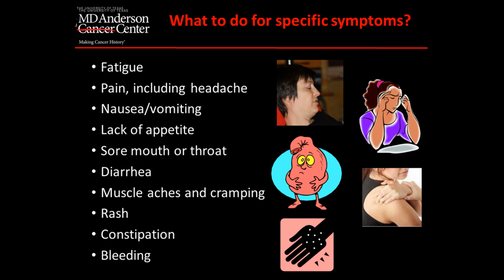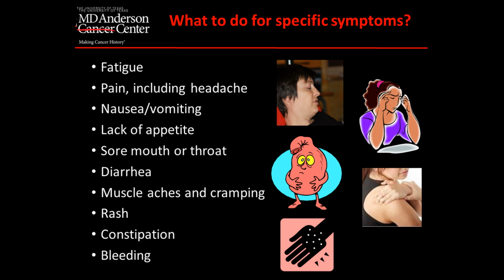If you have a sore mouth or sore throat, mixing a little bit of table salt or baking soda in a glass of water, just a small amount, and then rinsing your mouth will often help.